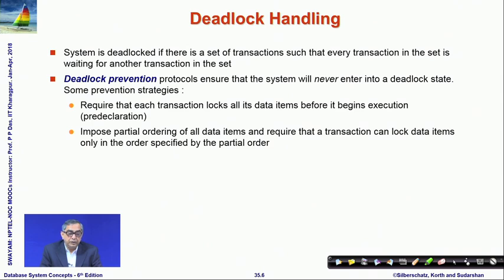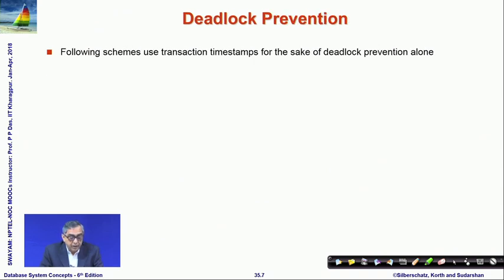So, the important thing here is a partial order among the data items, and the fact that you lock data items in the order specified by the partial order. You cannot lock out of order, and if you do that, then it can be shown that deadlock will be prevented. We do not have time to go into the details of how that works, but I just want you to know that such prevention strategies exist.